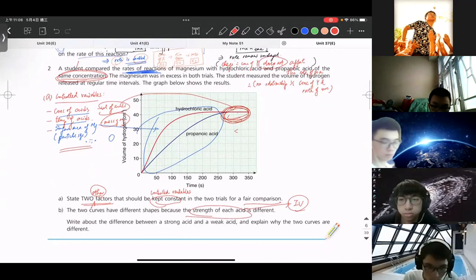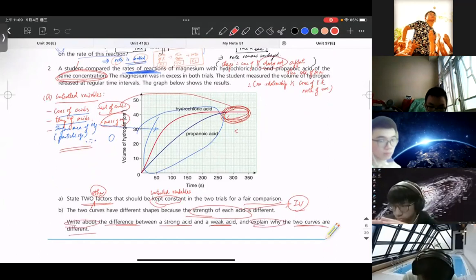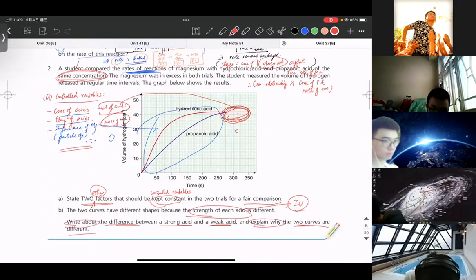You change it to independent variable. Write about the difference between a strong acid and a weak acid. Explain why the two curves are different.